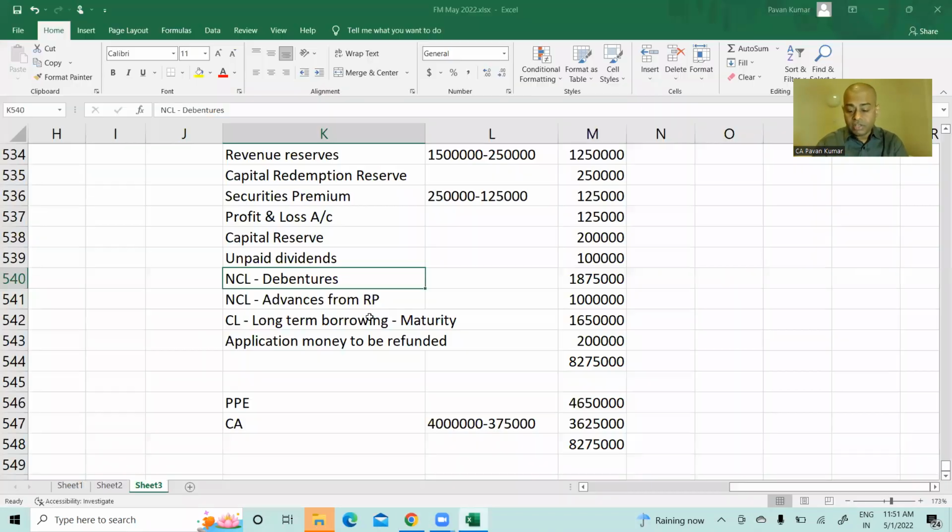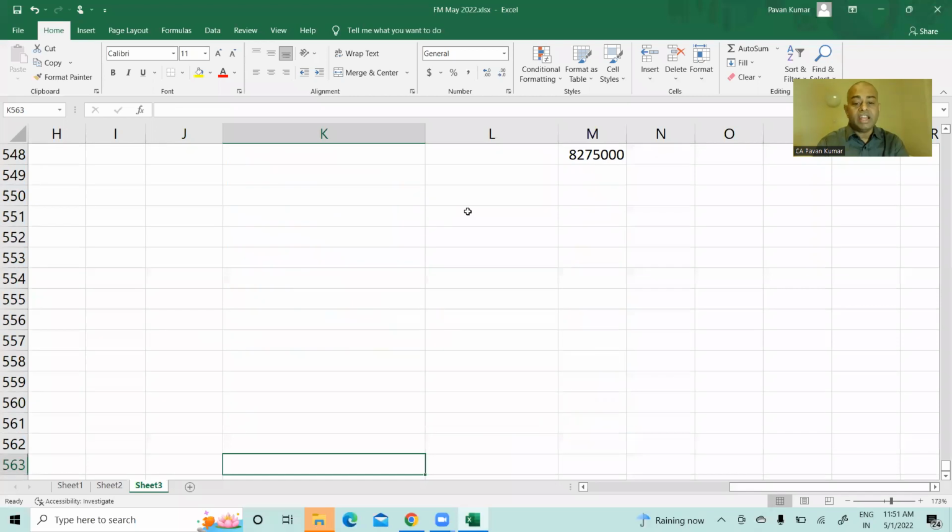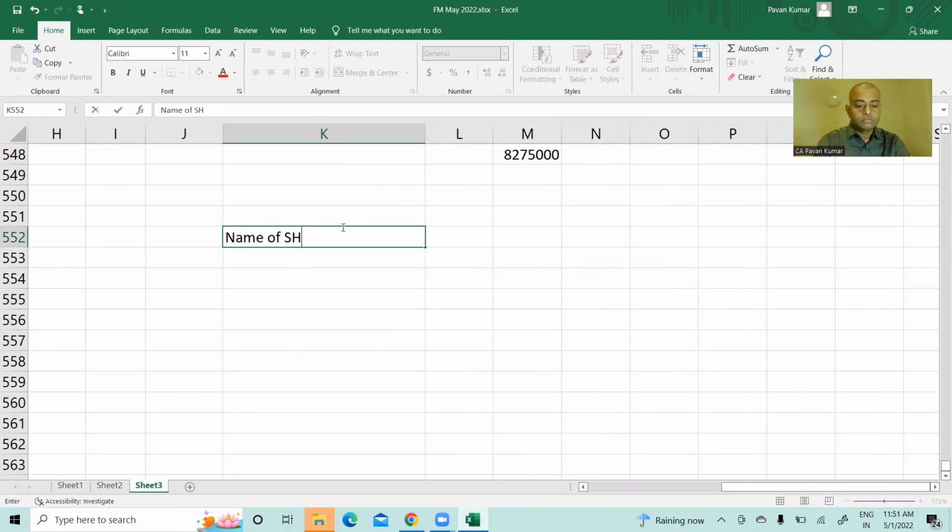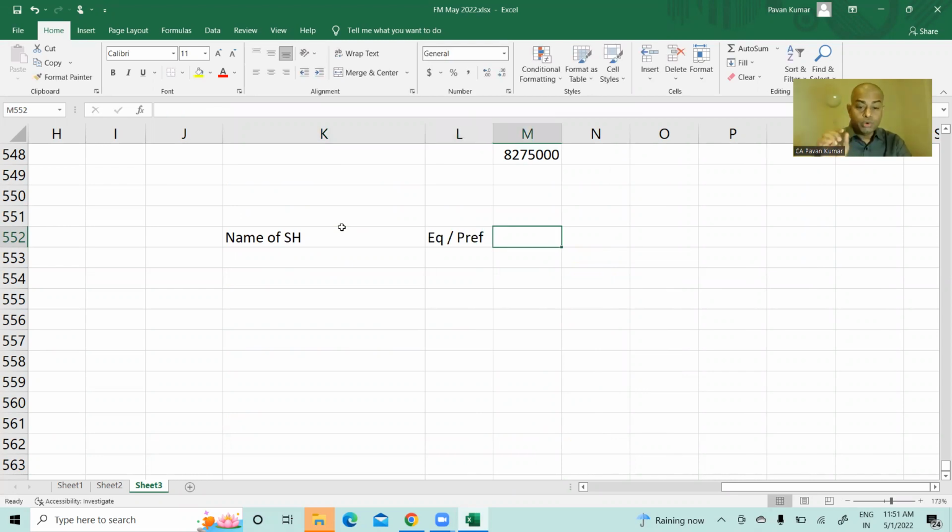You remember I have given you a very easy way to solve this. First take the name of the shareholder. First give the weight for equity or preference, and then the weight for shareholding.